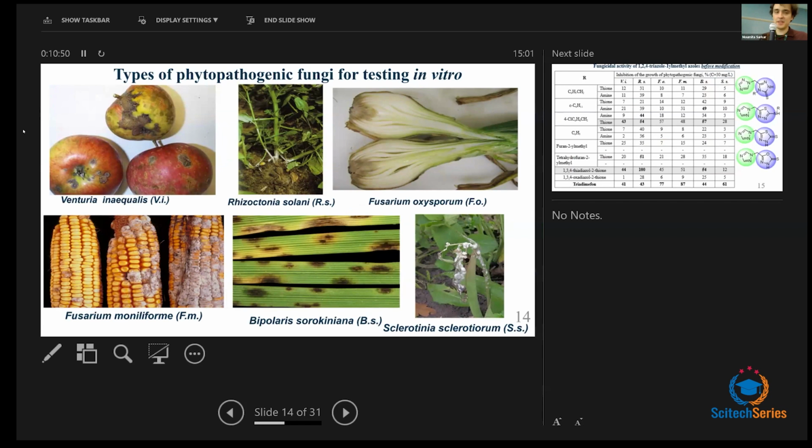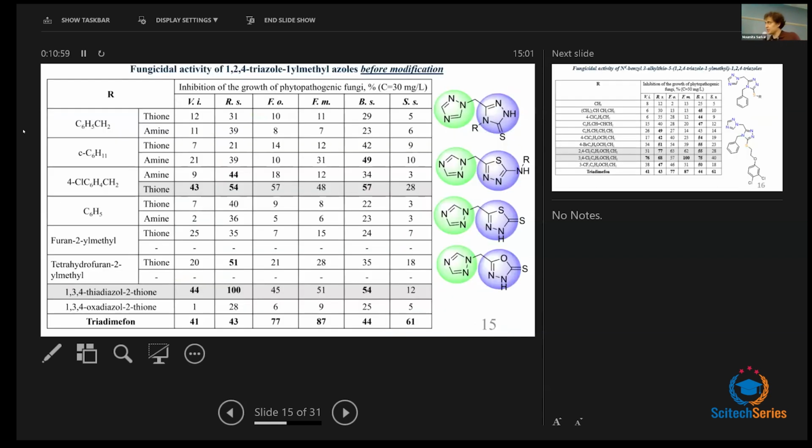It's very common phytopathogenic fungi in the Russian Federation. We decided to test our compounds versus these pathogenic fungi. For the reference compound, we used triadimefon. You can see the results of inhibition at this position.